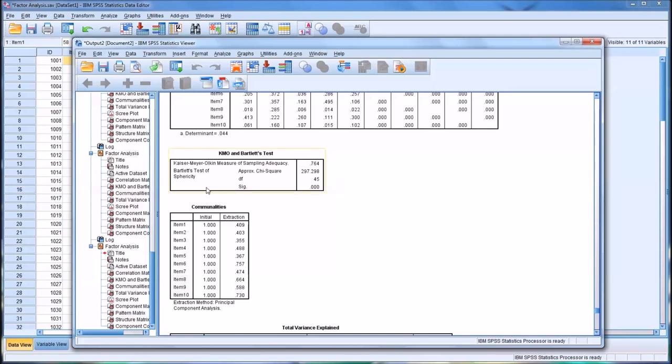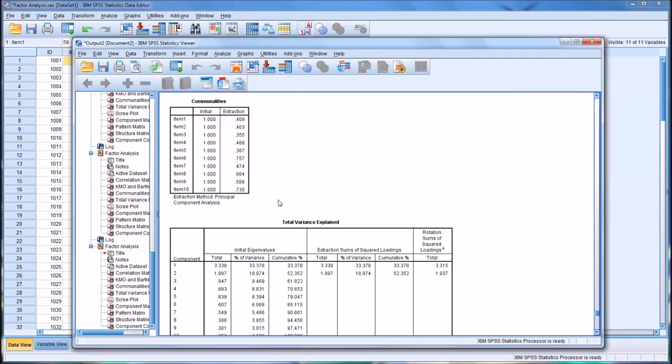Similarly, with Bartlett's test of sphericity, you want statistical significance, and we certainly have it here. You can see it's 0.000, which, for writing up APA-style papers, I record as less than 0.001, a p-value less than 0.001.